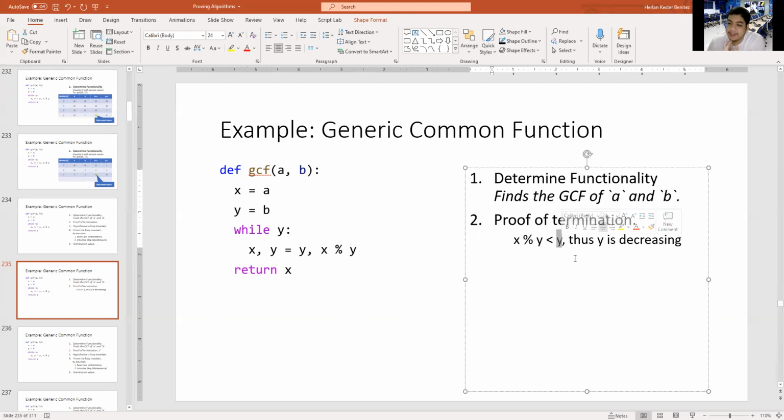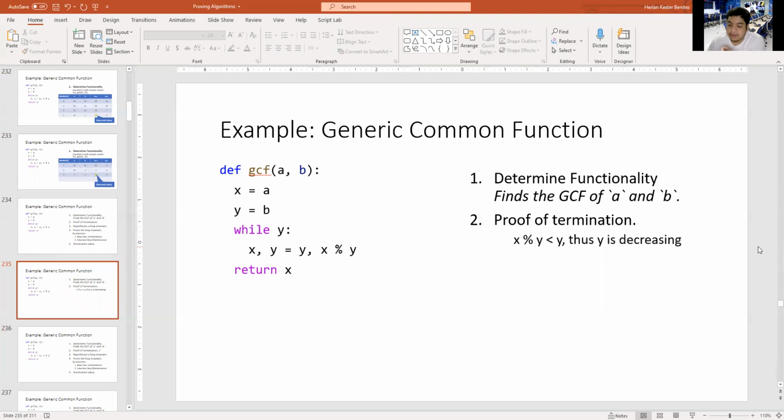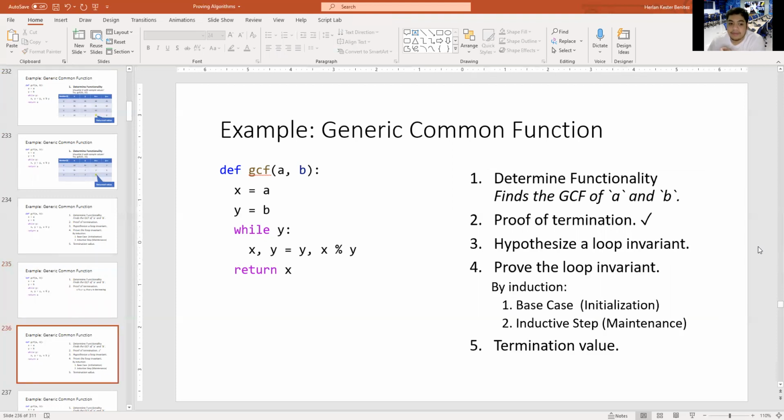Kasi if yung remainder ko would be y, then ibig sabihin, wala dapat siya remainder, so 0. So always less than y yung result ng modulo operation. So y is strictly decreasing. And if y is strictly decreasing, starting from a positive value, eventually aabot din dapat siya kay 0. So that will be our proof of termination.